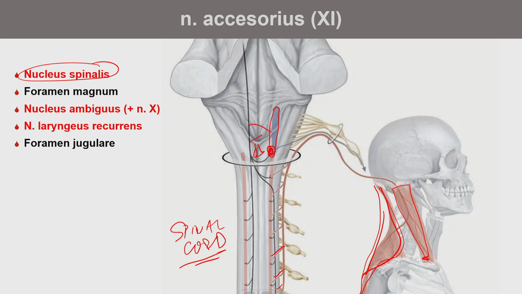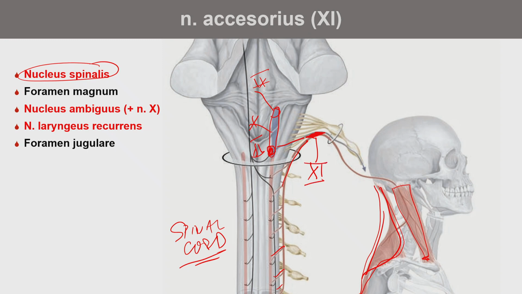Here we have 10, and here 9. And we know here that this is a nucleus which is a branchiomotor, and this is very interesting. Here, in the intracranial space, the nucleus ambiguus and the spinal part are assembled into one nerve which is called the 11th, accessorius.